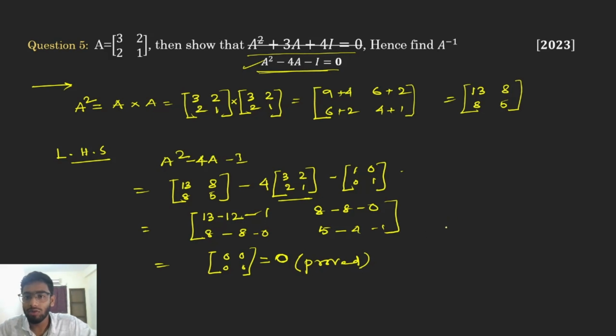Now we have to calculate A inverse using that equation. So till now what we have is A square minus 4A minus I is equal to a null matrix.